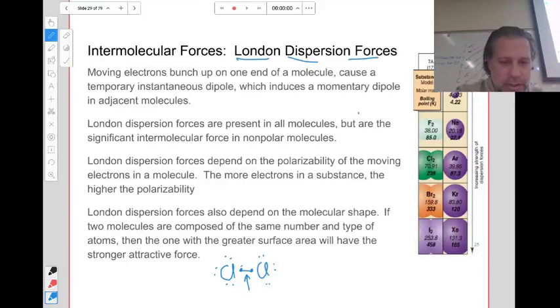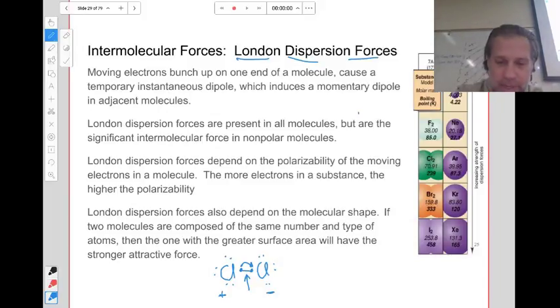So this electron might spend a couple of seconds over here. And when it spends a couple of seconds on that chlorine, that means that this side of the molecule becomes slightly negative and this side becomes slightly positive. When the electron goes back, it goes back to being neutral.